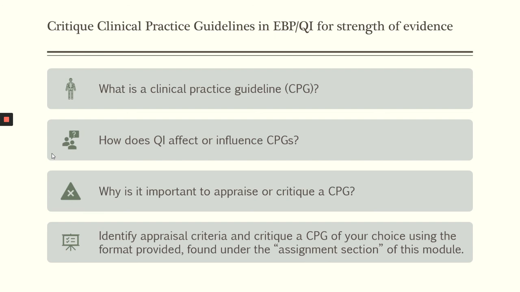Where can you find clinical practice resources? Well, you can find them under the American College of Physicians, American Psychiatric Nurses. You can find them in family nurse practitioner resources, online resources.